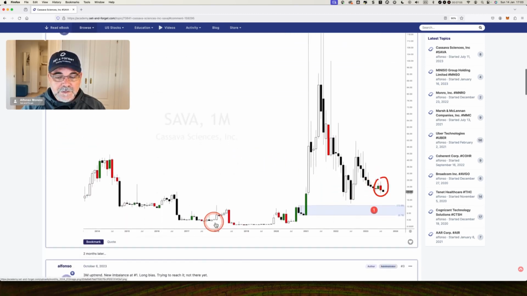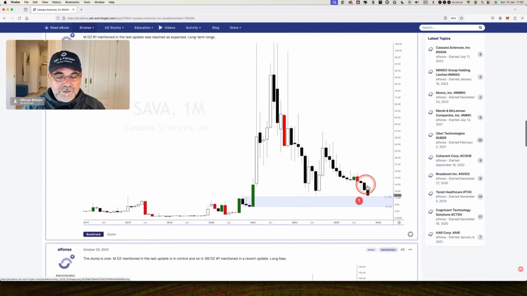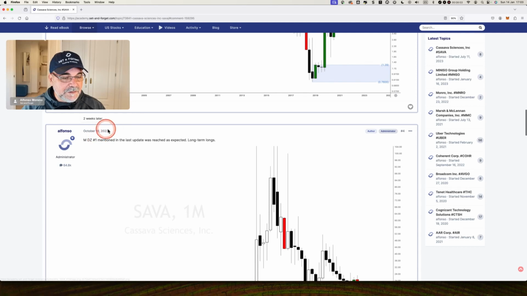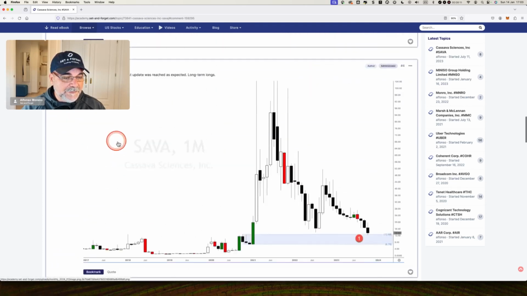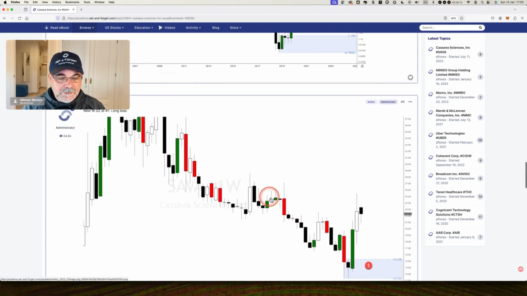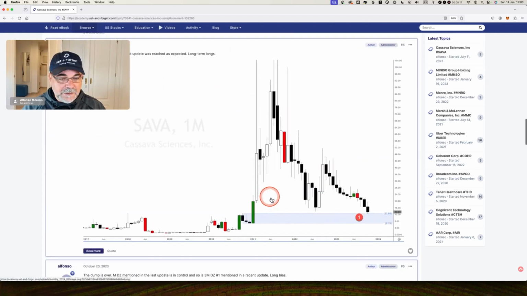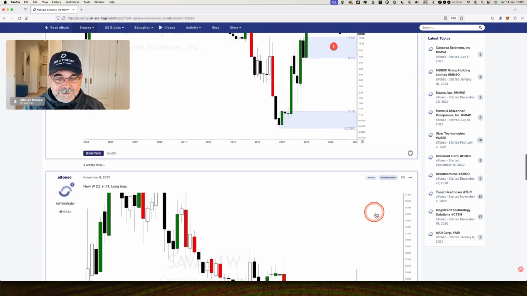This is what it looks like, also on the 3 months. So here, last October, after a couple of months, that imbalance was hit, and the stock starts to rally.